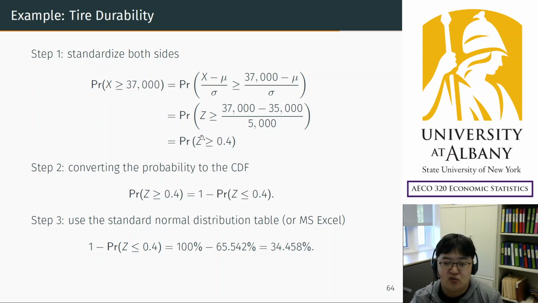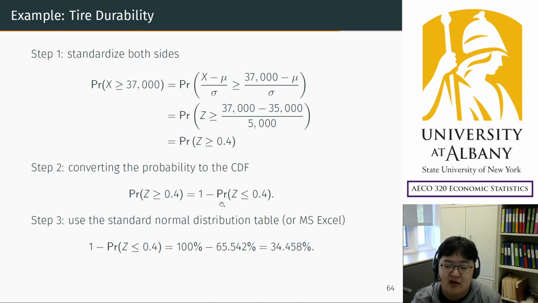But as you know, this inequality is not in a desirable direction. So you hope to flip the direction of the inequality by taking this conversion. So instead of calculating the probability greater than 0.4, we are going to calculate the probability smaller than 0.4, and then take 1 minus that probability. That's what we are going to do.